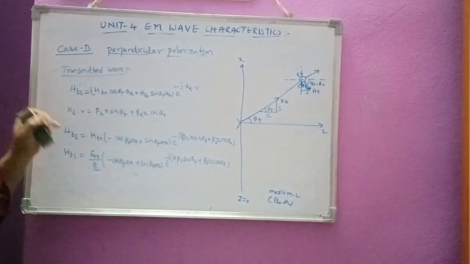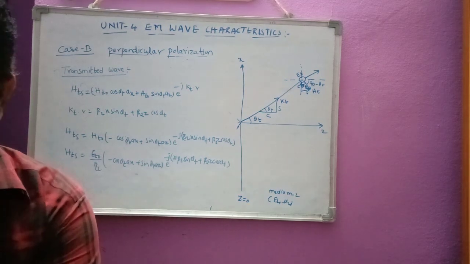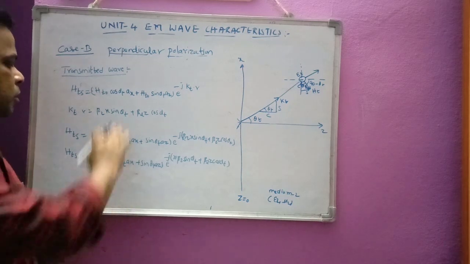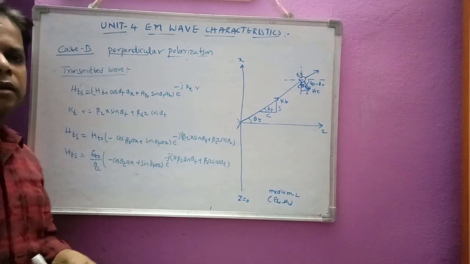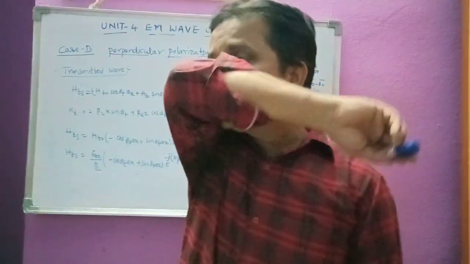So these are the final expressions for the incident, reflected and transmitted electric fields. Now we have got all the expressions for all the waves, that is for the incident waves, reflected waves as well as the transmitted wave.